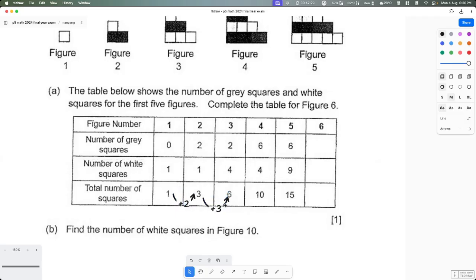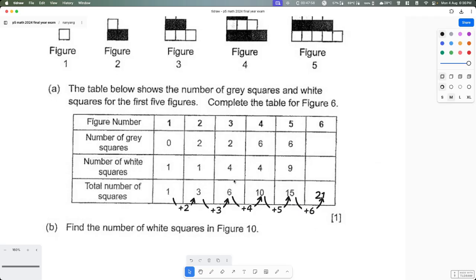Arrow from 6 to 10, this is plus 4. And then arrow from 10 to 15, this is plus 5. Okay, what do you think the next one will be? From 15 to the next, this will be plus 6. So you see over here, the answer to this is 15 plus 6 is 21.